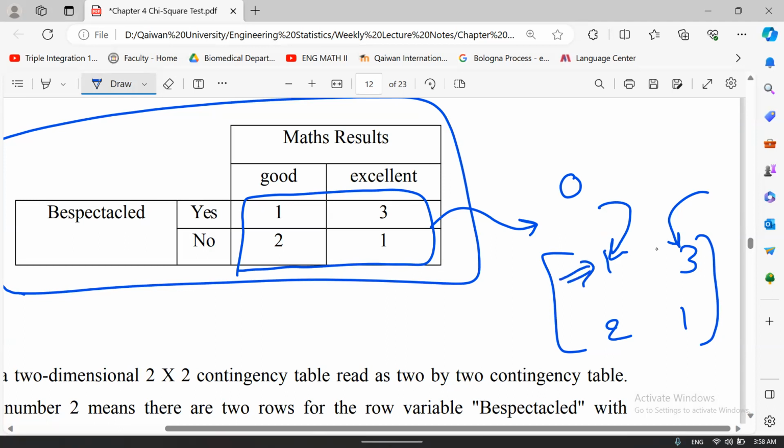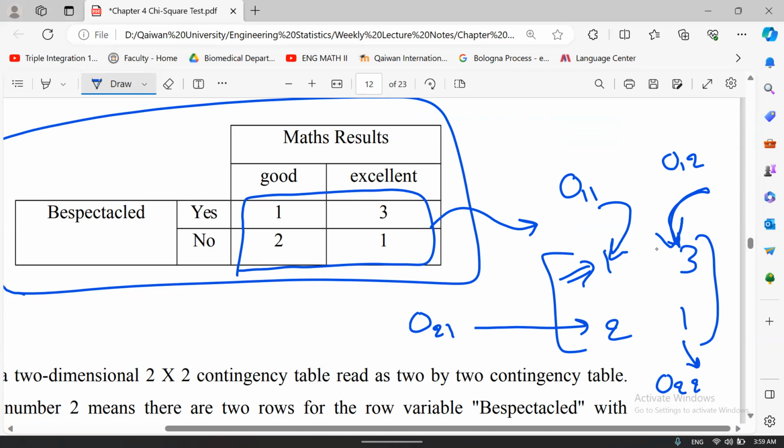It is in the first row and first column, so it's O11. How about this one? It is O12. This one, O21. This one, O22. You need to give the index for each observed frequency.